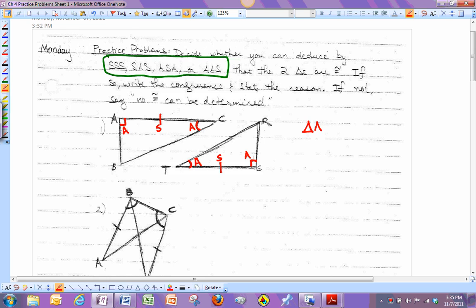If I call the first one ACB, that has to be the same as triangle. Now ACB went from the right angle to the one curved angle to the no angle. So I've got to do the same thing here: right angle S to the one curved angle T to the no angle R. So STR, and my reason is that these are congruent because of angle, side, angle.